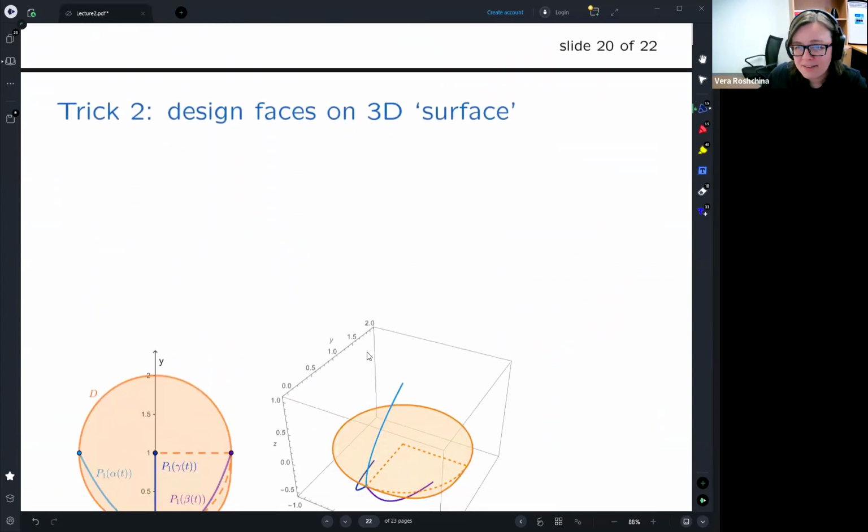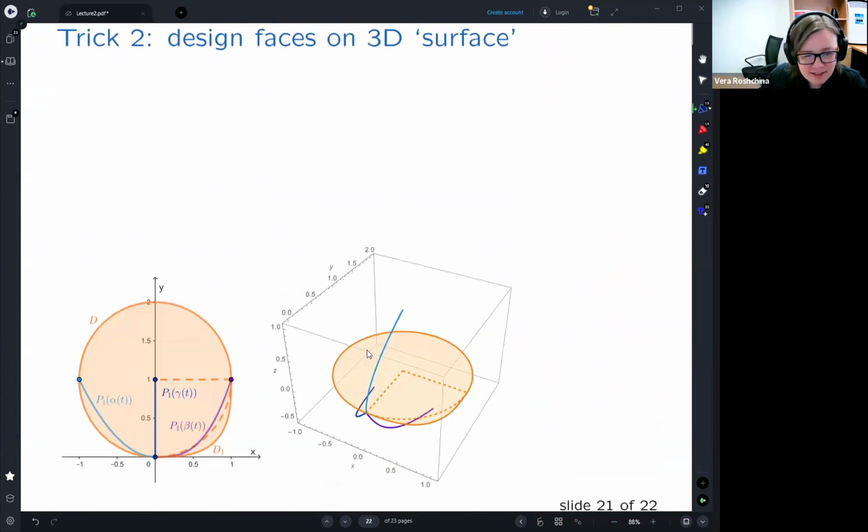Now, another thing that we did, I think I'm running out of time, is designing faces using three-dimensional surfaces.